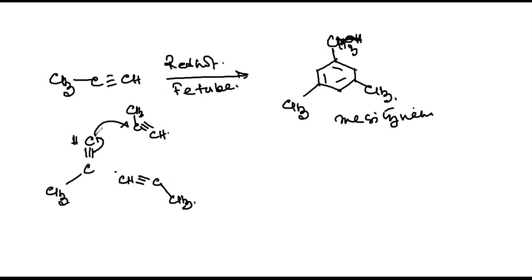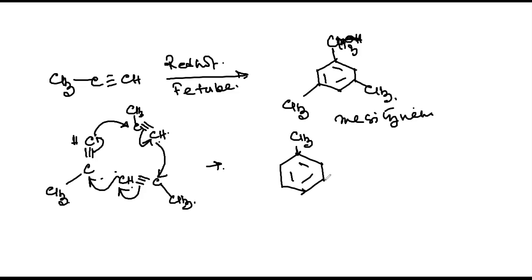This goes here, this goes here, this goes here, and the product is mesitylene. Again, you can see another mechanism here, another reaction of polymerization.